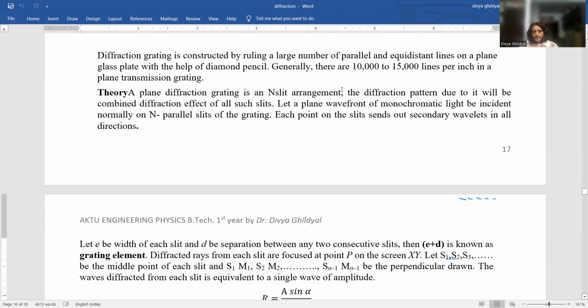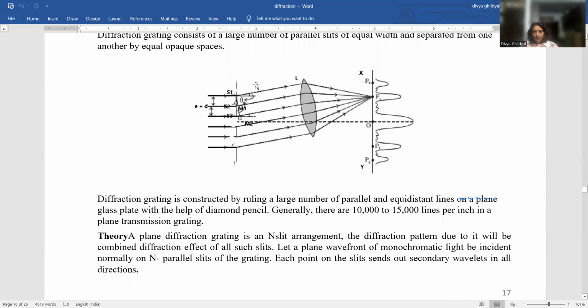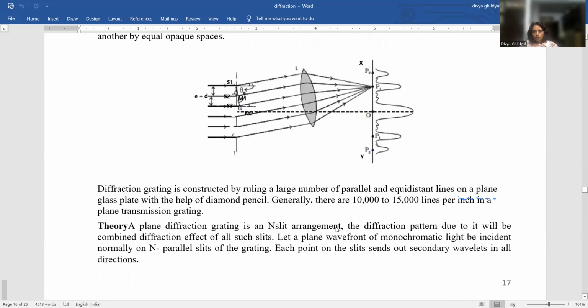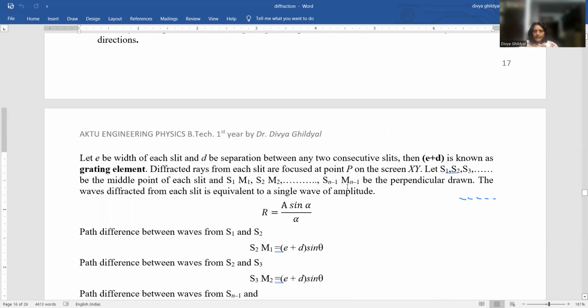Now this setup can be compared to n number of slits. Let e be the slit width and d the separation between consecutive slits; then e plus d is known as the grating element.